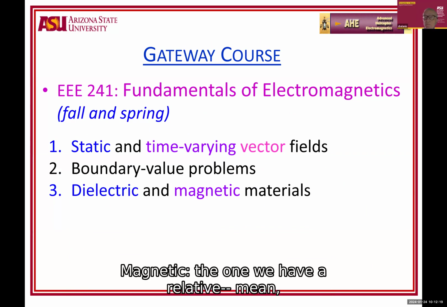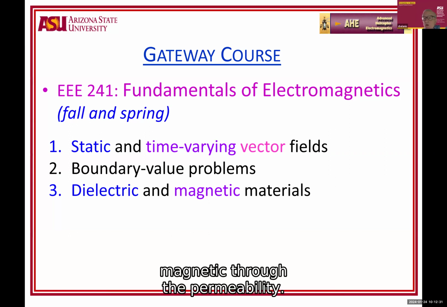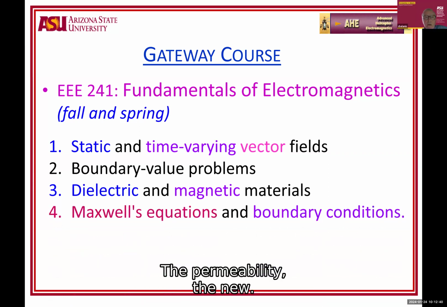Magnetic, the one you have different permeability. That's how you define the materials, or you represent the materials. Dielectric through permittivity, magnetic through the permeability. Permittivity, the epsilon, the permeability, the mu. Maxwell's equation, boundary condition, the differential equation.